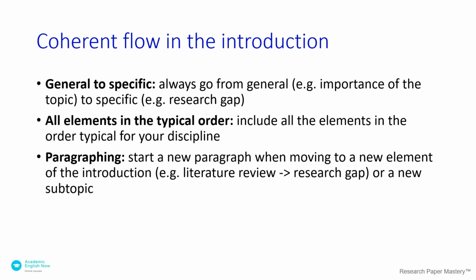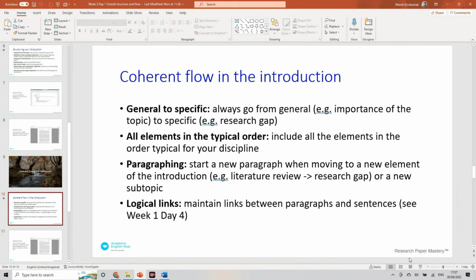So you want to start a new paragraph when moving to a new element of the introduction. So when you move from the literature review to the research gap, you want to start a new topic. Or when you move to a different subtopic, you also want to start a new paragraph. And I'm going to show you how this is done exactly in the models that I've shown you.